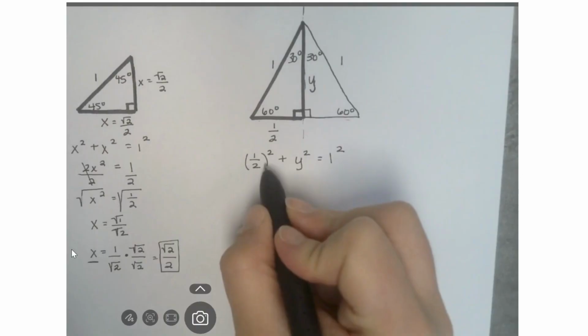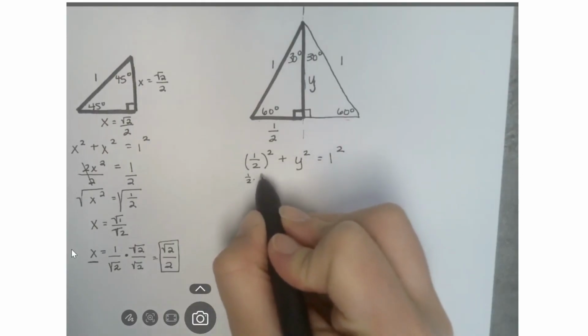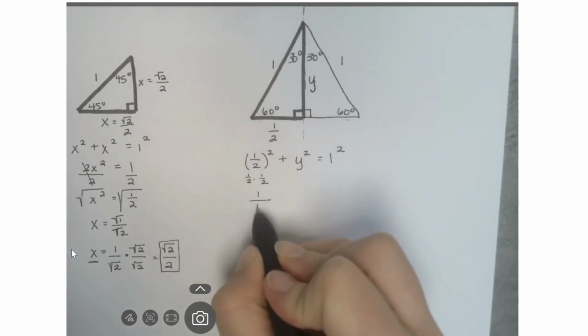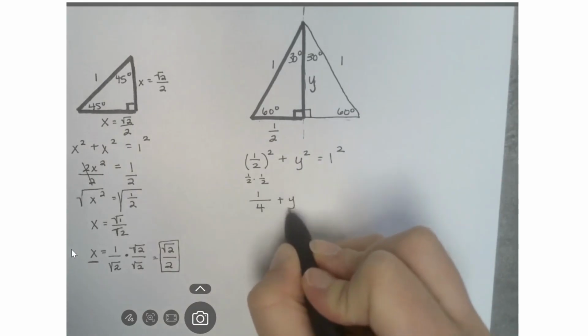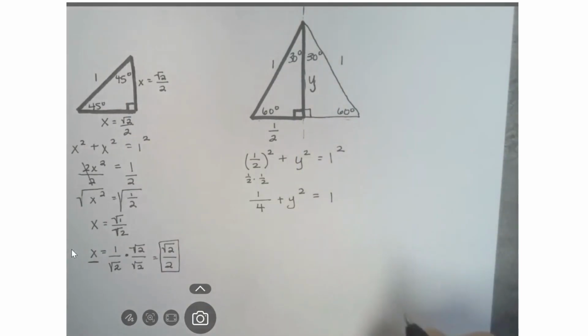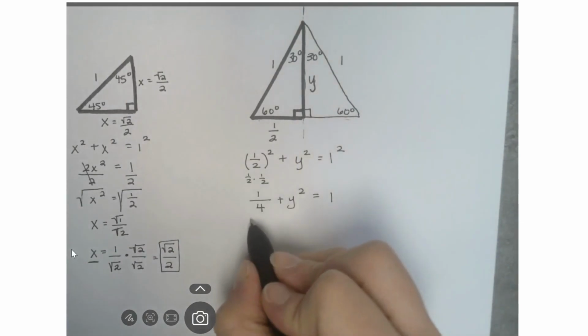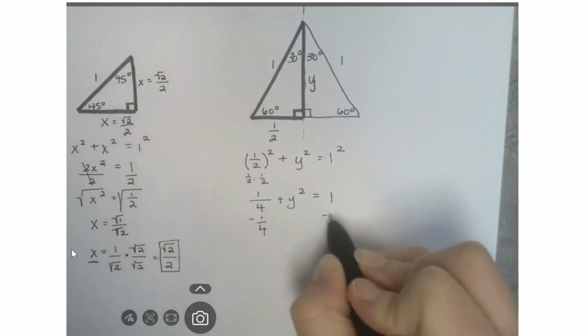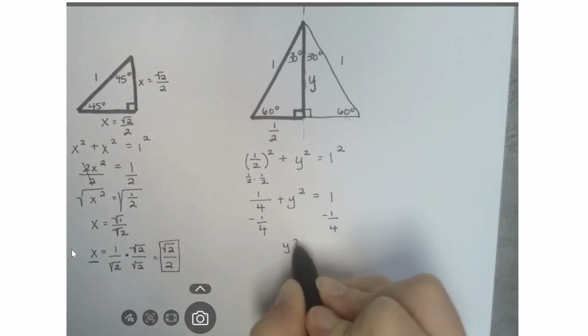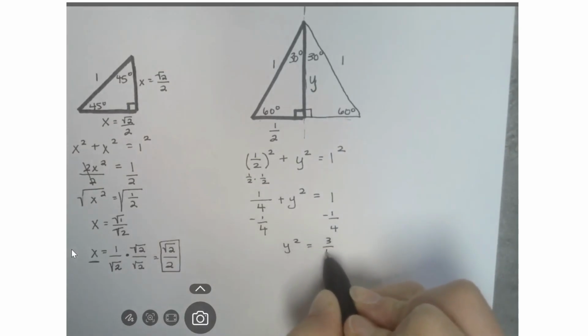This is the same thing as 1/2 times 1/2. So what I'm going to have is 1/4 plus y squared equals 1. I'm solving for that height, y, so I'm going to subtract 1/4 from both sides. I get y squared is equal to 3/4.